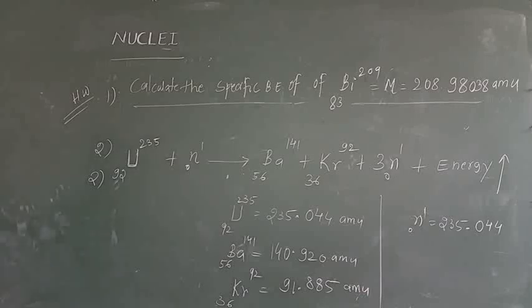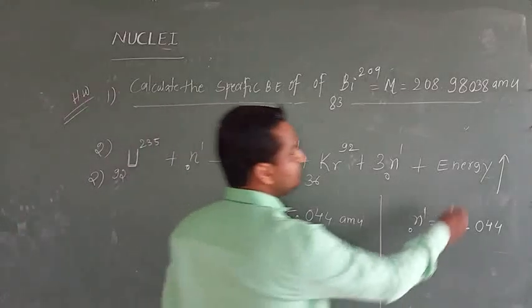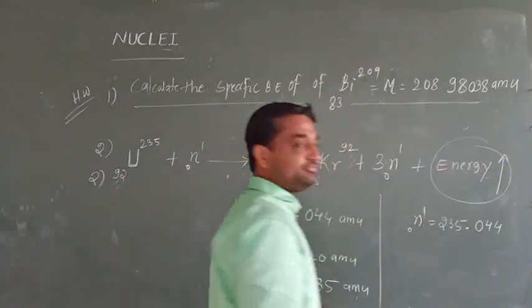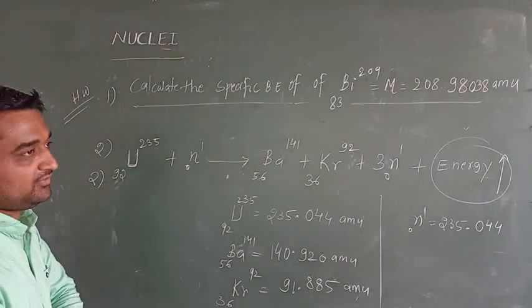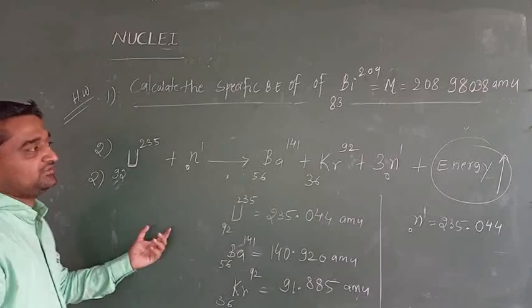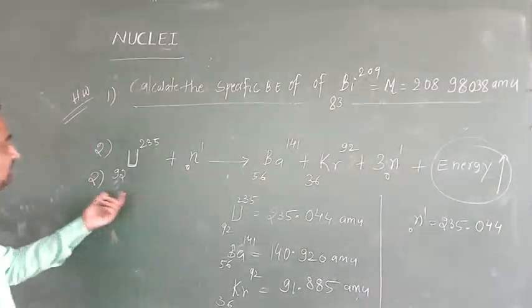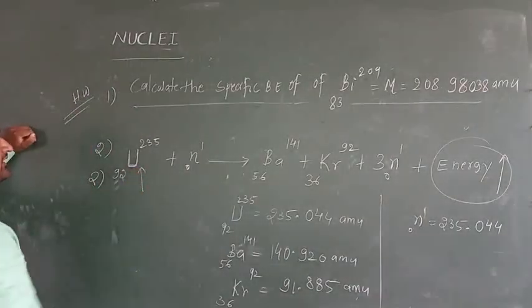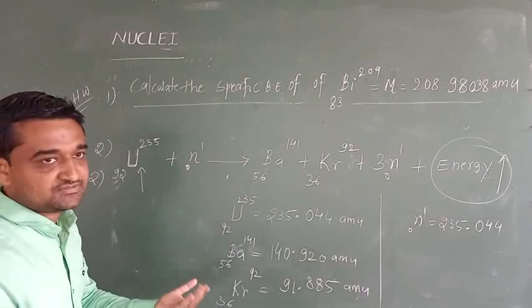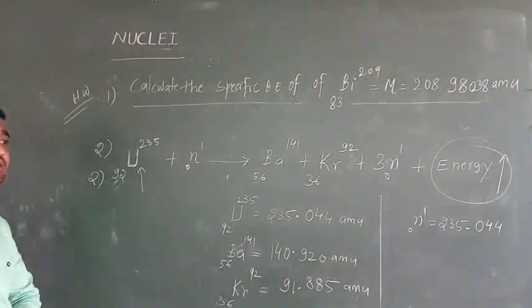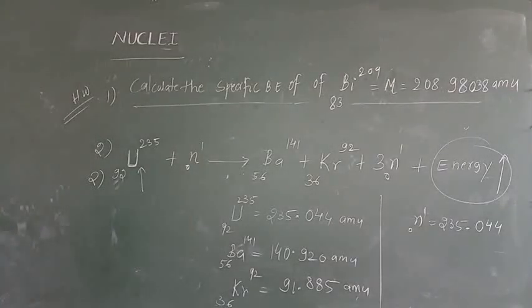The second homework is to calculate the amount of energy released in this equation. It is an example of mass being converted into energy. We have the uranium nucleus here, as we are going to discuss nuclear fission in the next classes.